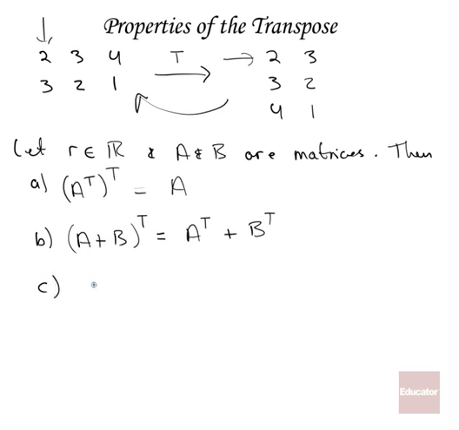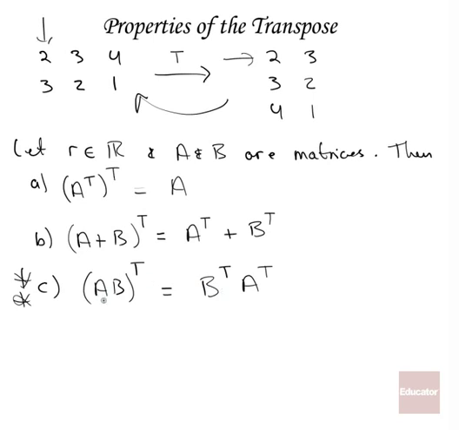Okay, this next one is very, very curious. If I multiply two matrices A times B, and then take the transpose, I don't get A transpose times B transpose. What I get is B transpose times A transpose. This one, very, very important property. I'll put a couple of stars by it. All of the properties are important, but this is the one that's most unusual and probably trips up students the most.